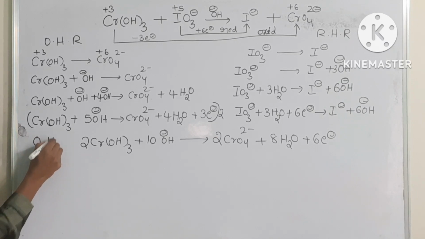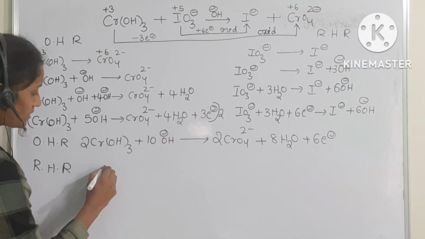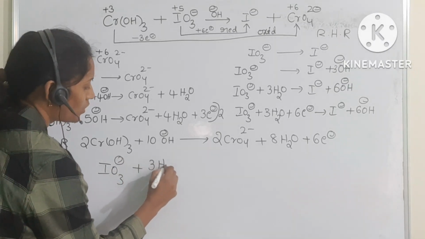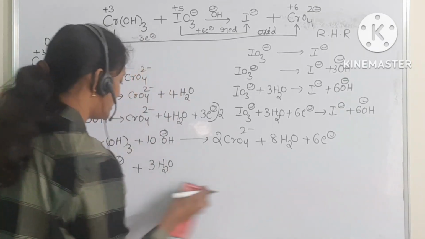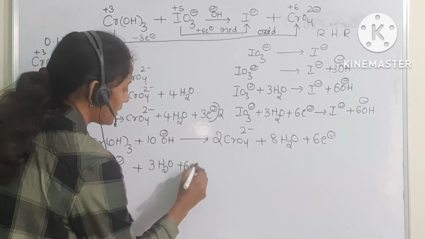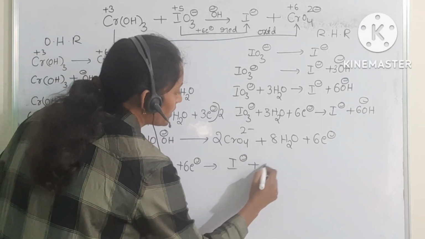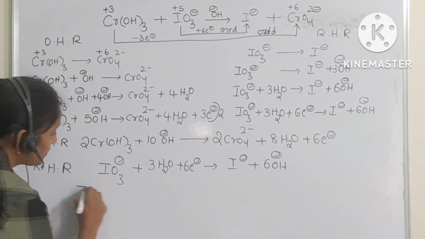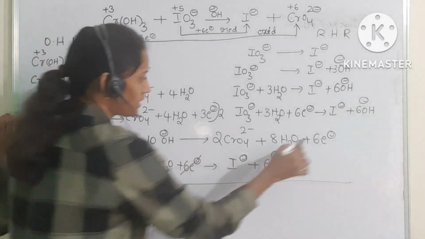Then you can write the reduction half reaction below this oxidation half reaction. What is the reduction half reaction? IO3 minus plus 3 water molecules, plus 6 electrons, gives rise to I minus plus 6 OH minus ions. Now you should cancel out the common species present in both reactions.